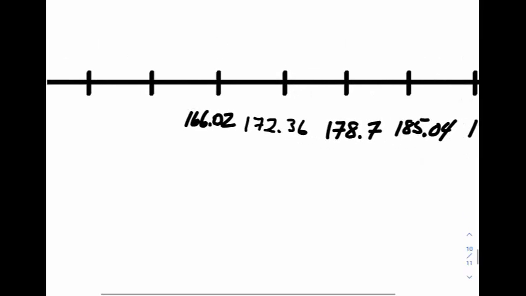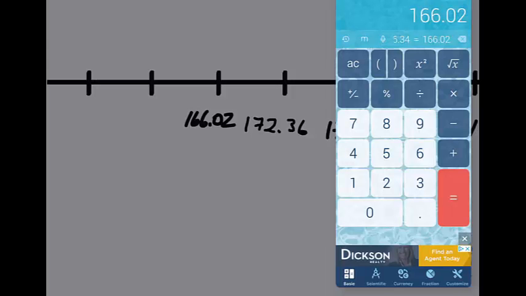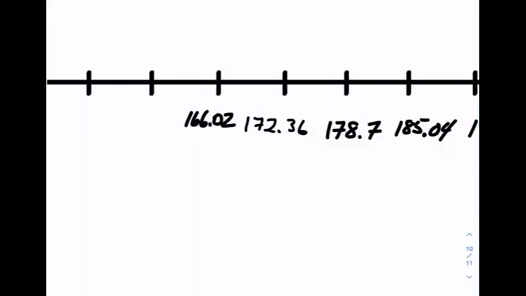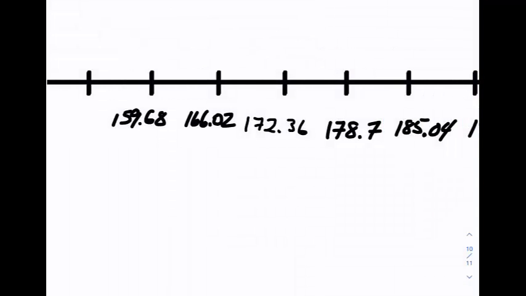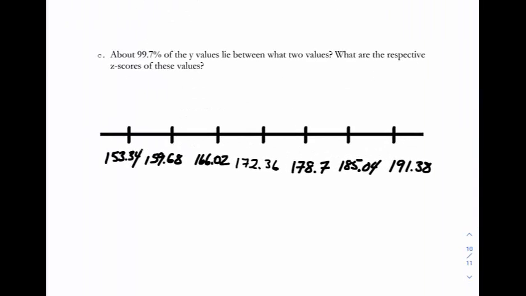Let's do that again, equals, 159.68. And then one more time, 153.34. All of those are rounded to 2 places to the right of the decimal.